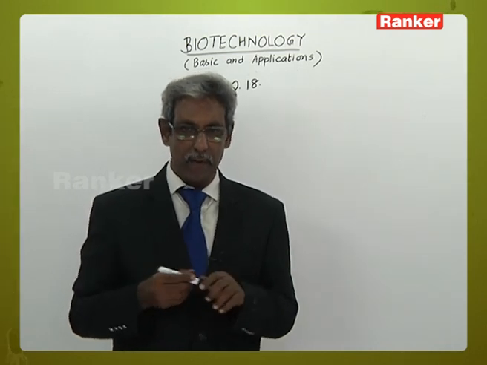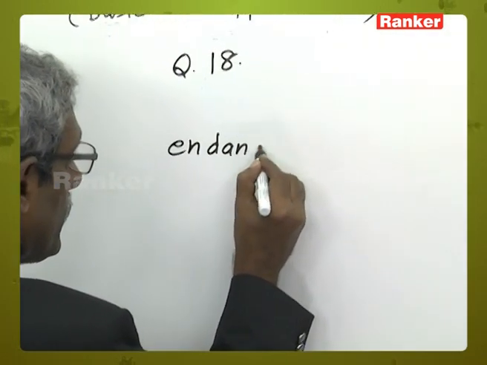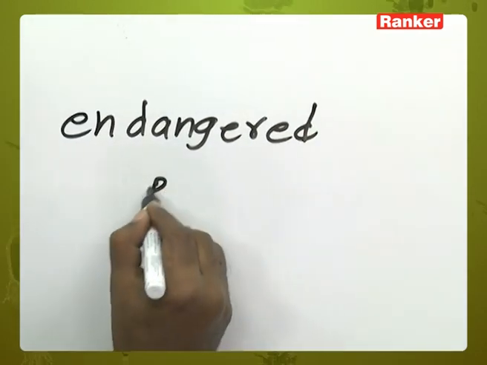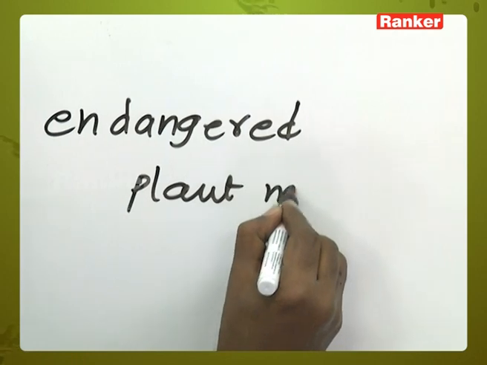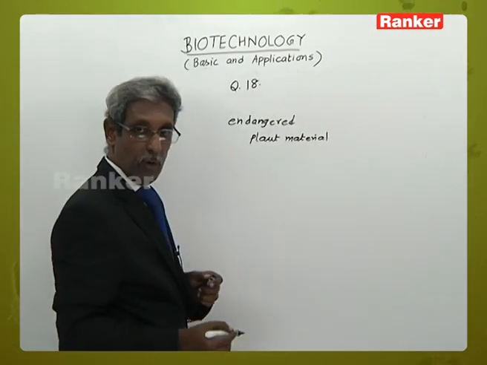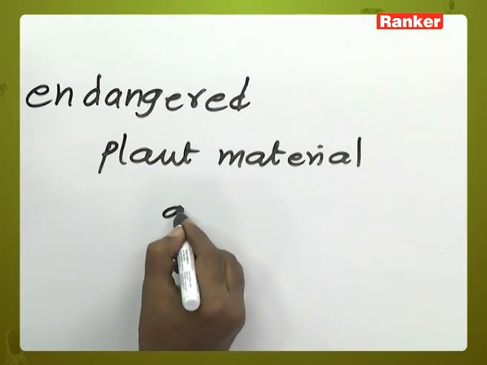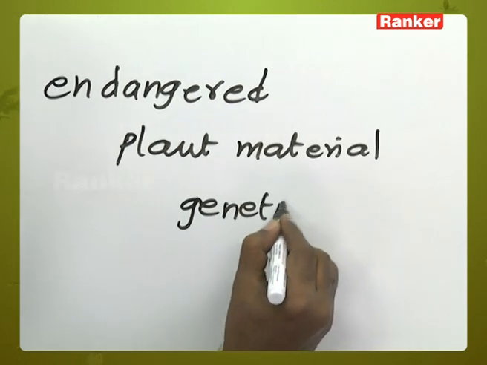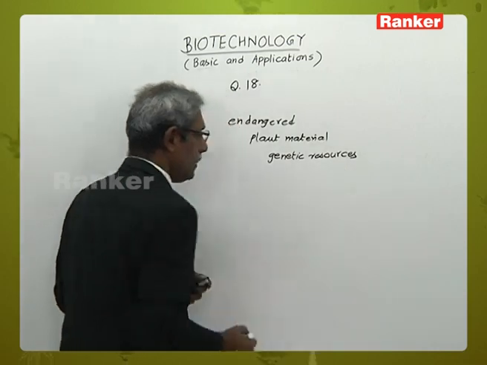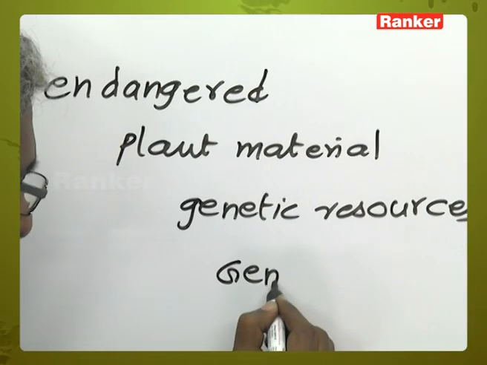So, if you are dealing with endangered plant material, which is on the verge of extinction, and primarily we are dealing with genetic resources, the place where they could be kept is termed as a gene bank.